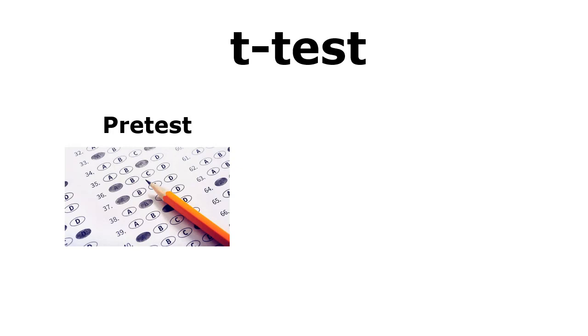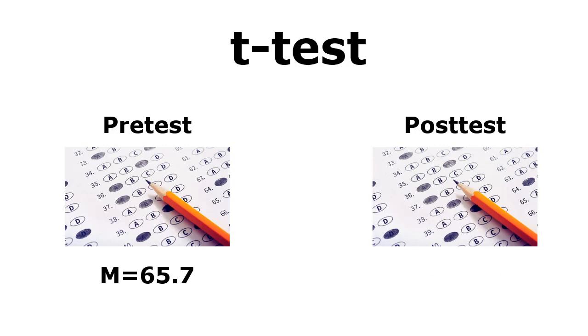A use of a t-test, something that I use regularly, is to determine whether changes between a pretest and a post-test are real. Suppose you gave a pretest and had a mean of 65.7, then you gave a post-test and the mean was 72.3.